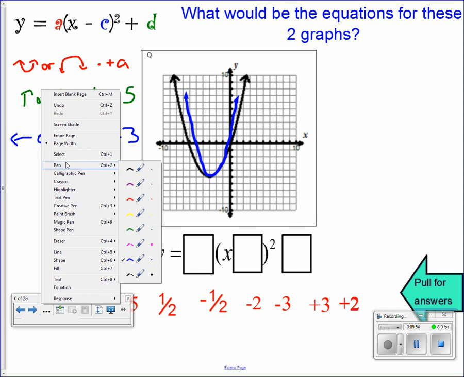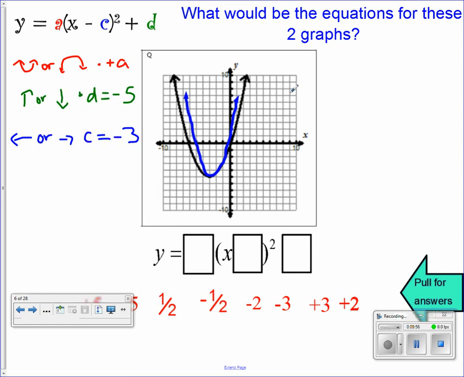So if I was going to write my equation out or ask you to match the correct equation, so far we would have y equals, I have a positive value in the front, x minus, because the minus is part of our formula, and we plug in the C value of -3. We have the squared right here, and our D value at the end is -5.